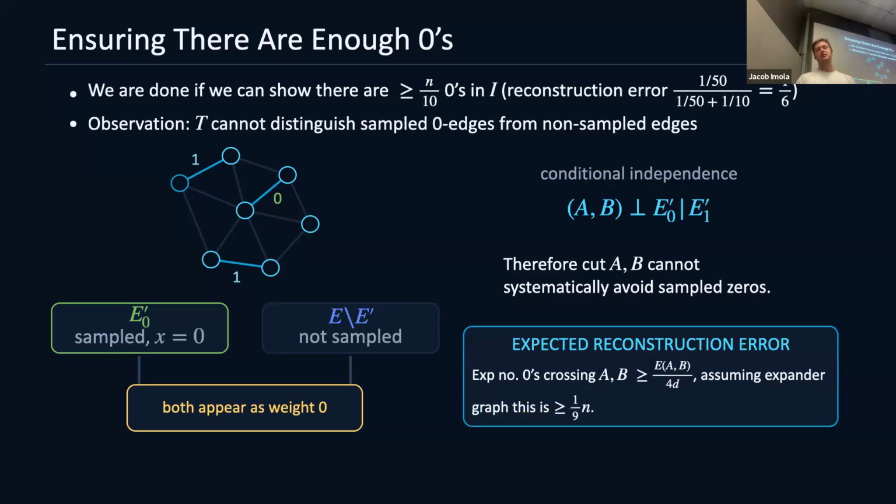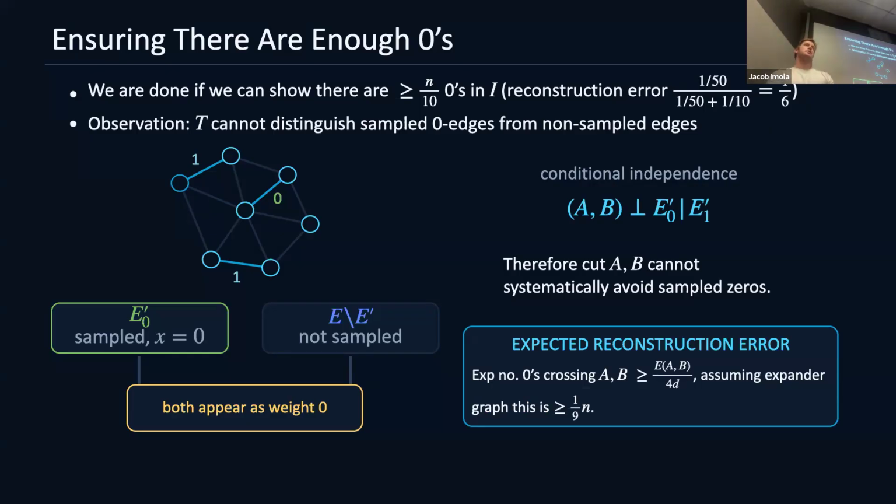So the expected number of zeros crossing the cut AB is at least the size of the cut AB divided by 2D, because that was our sampling probability, times a half, because that's the probability of putting a 0 on that edge. So it's the number of edges crossing the cut divided by 4D.